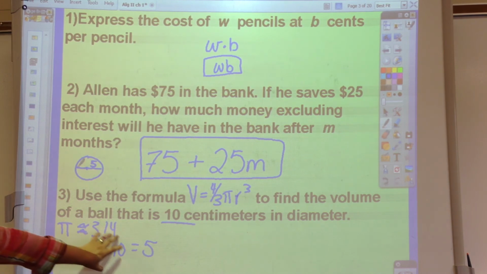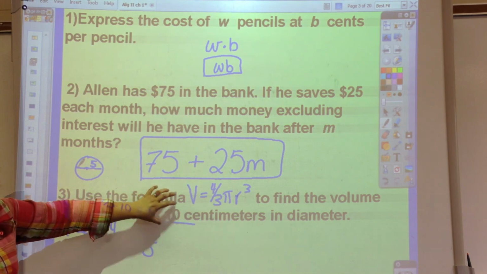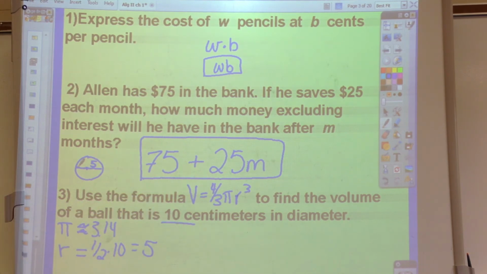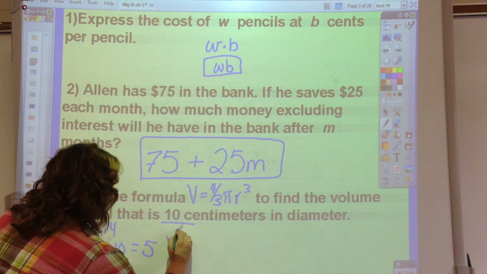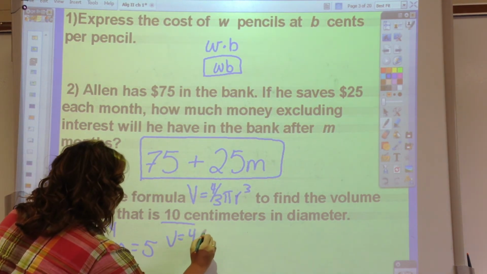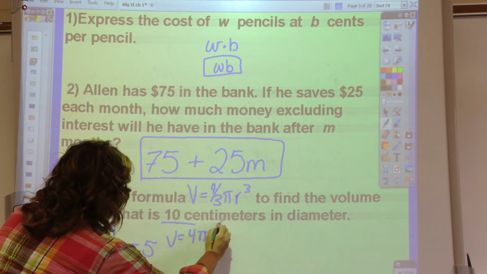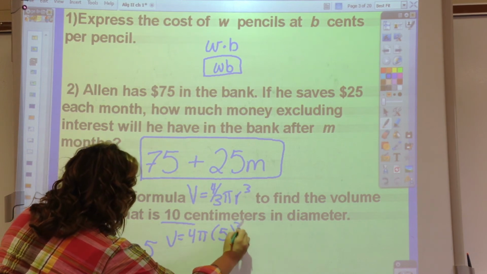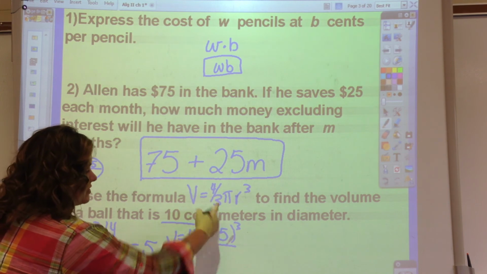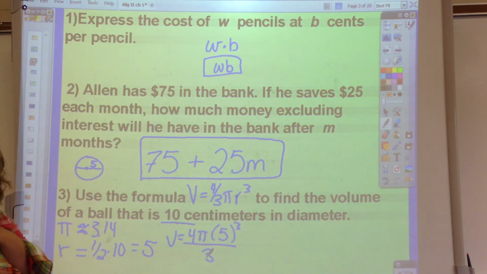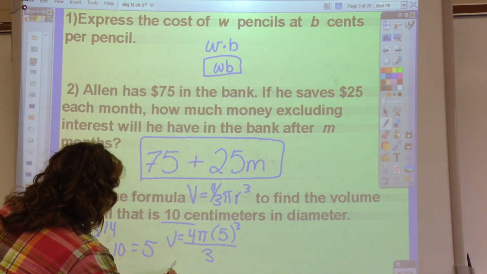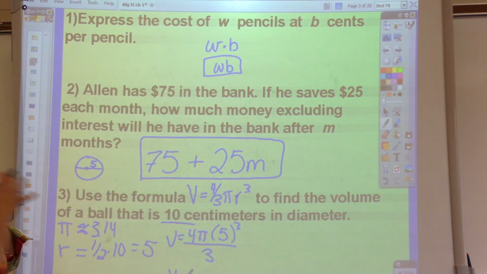Now that I know pi and my radius, first I'm going to find the volume in an exact form, and then we're going to simplify to find it in an approximate form. Let's plug in here 4/3 pi, r is 5, cubed. And technically, because 3 is in the denominator, it's the only thing in the denominator. So I'm going to show that at this point. When I cube 5, I get 125.